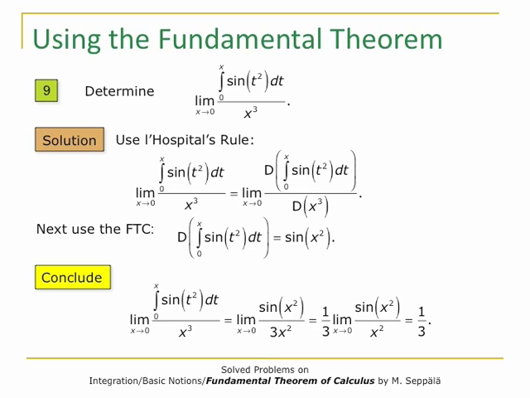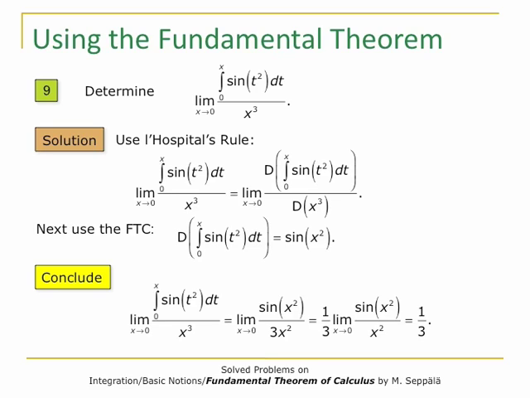Therefore, we conclude that the limit as x goes to 0 of the integral from 0 to x of sine of t squared dt divided by x cubed is the same as the limit as x goes to 0 of sine of x squared divided by 3 times x squared.